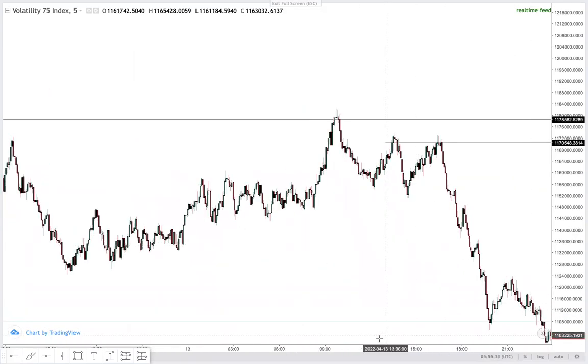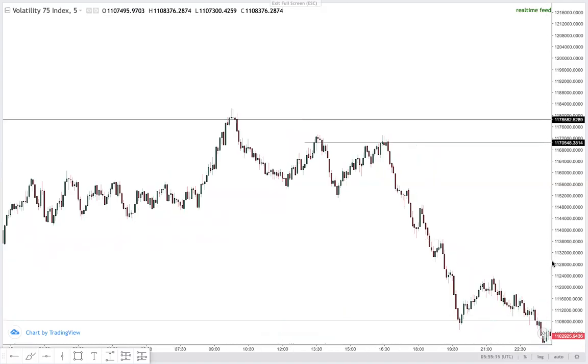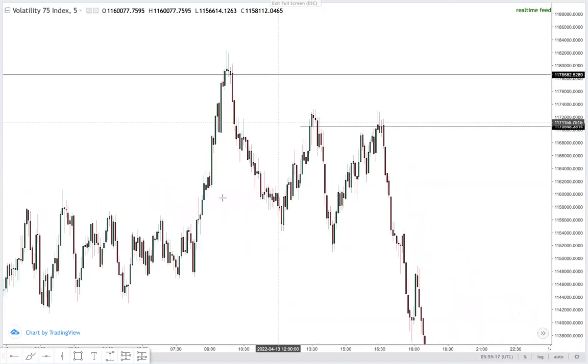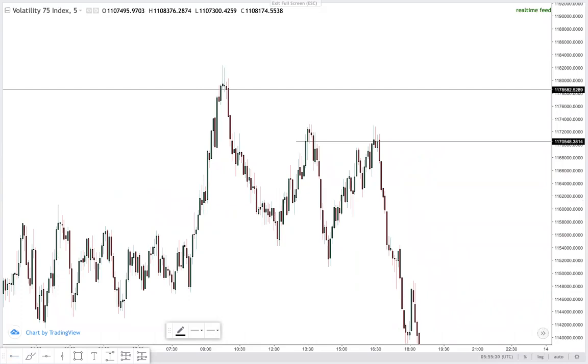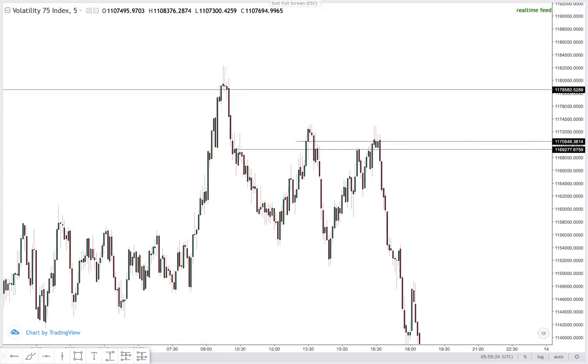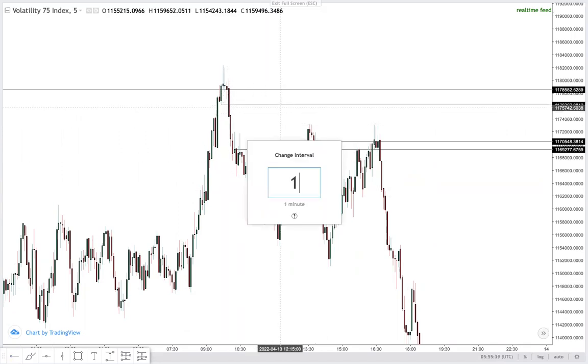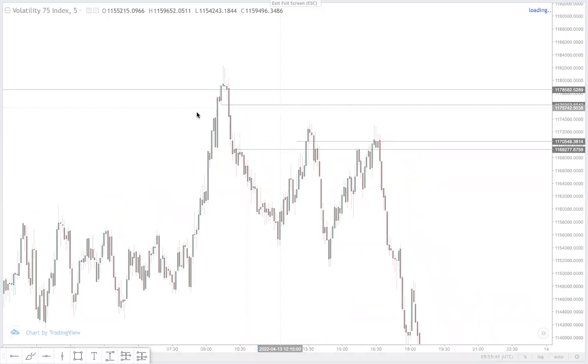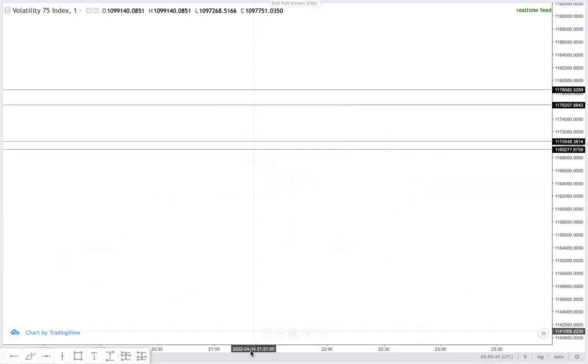In the 5 minutes time frame, we had a new invalidation right here, and we also had a break and retest structure right here. Though you can see none of these were respected. Let's try to drop to a lower time frame.